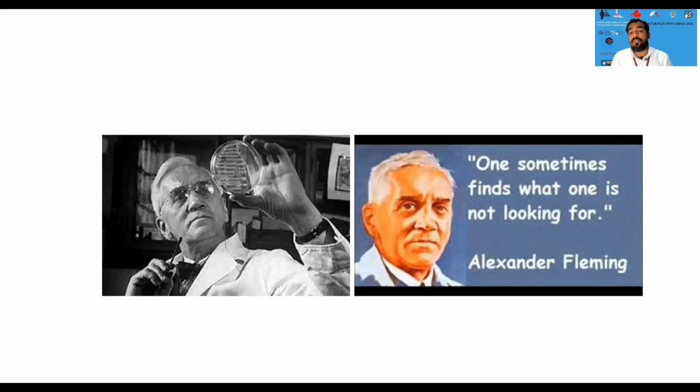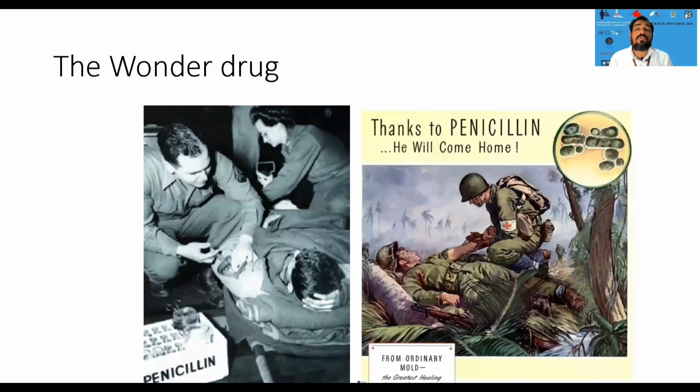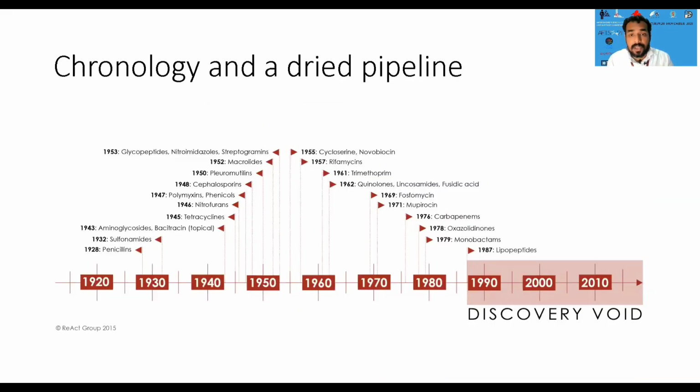This is one moment where Alexander Fleming detected penicillin, which led to the saving of hundreds of thousands of soldiers and other people during World War II and the subsequent years. So it was called a wonder drug during that period. If we look at the chronology of the antibiotics, the first antibiotics were identified close to the 1930s, and then after the 1940s there was a boom of antibiotic classes.